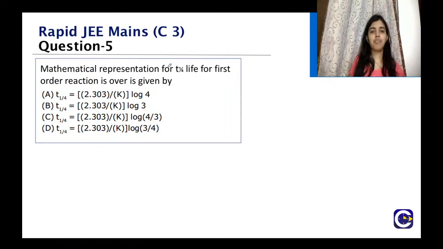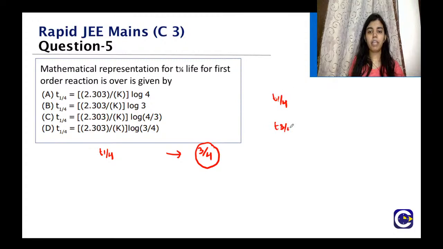The mathematical representation for T1 by 4 life for a first order reaction is given by the following. T1 by 4 is basically the time at which 1 by 4th of the reaction has been completed, and the amount of reactant left is 3 by 4. This is very important. T1 by 4 means that 1 by 4th of the reaction has been completed.